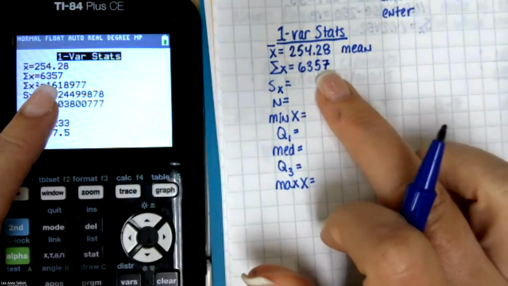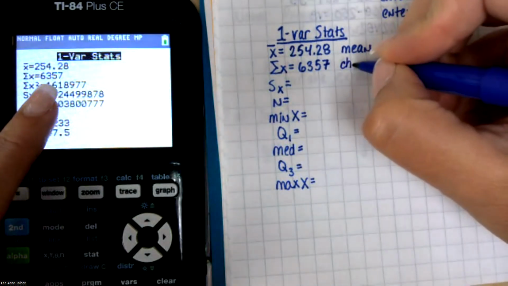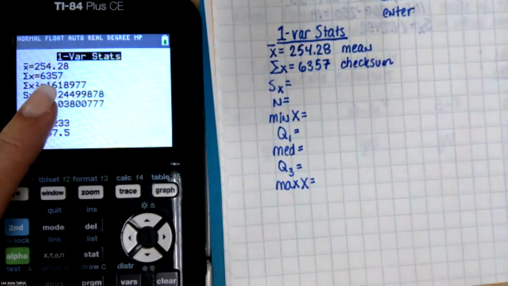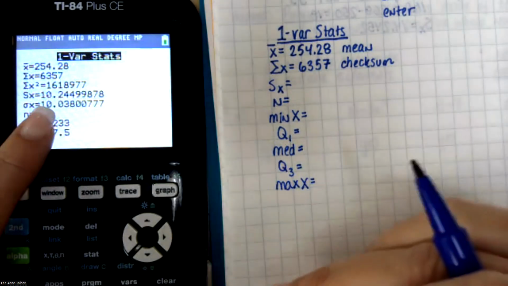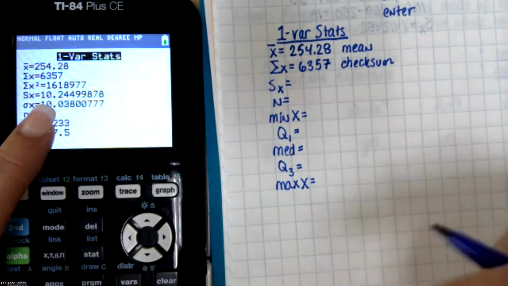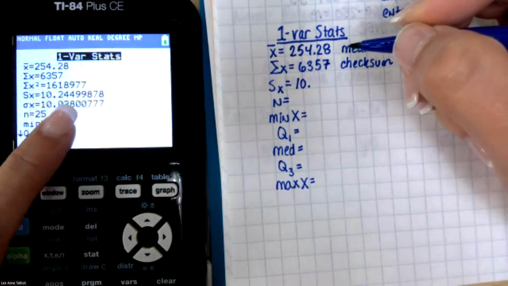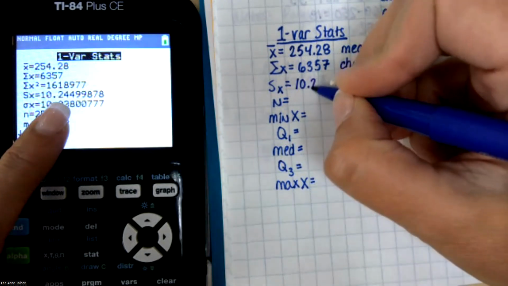And we don't really use this except to check to make sure that we entered the numbers properly. So I'll say, does everyone get a checksum of 6357? That's an easy way for us to look and just be like, oh yes, we typed it in the same. Okay, the next one I need is the standard deviation, SX.